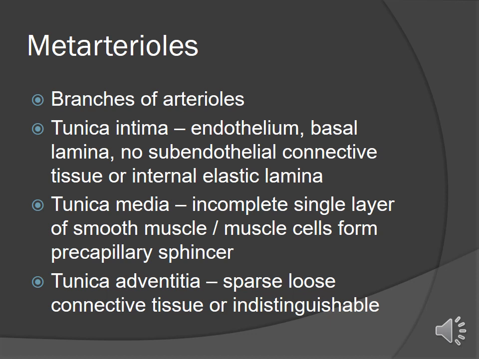The wall contains tunica intima with endothelium and basal lamina without subendothelial layer. Tunica media is composed of an incomplete single layer of smooth muscle cells, and the outermost layer, tunica adventitia, contains sparse loose connective tissue.